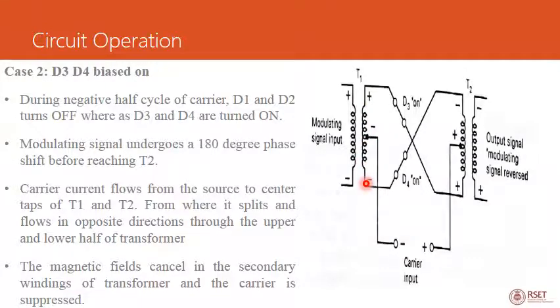Because of that current, a magnetic field is induced in both the upper and lower half of the transformer, both of the same magnitude but opposite in polarity. So this is how the carrier signal is suppressed in the balanced ring modulator.